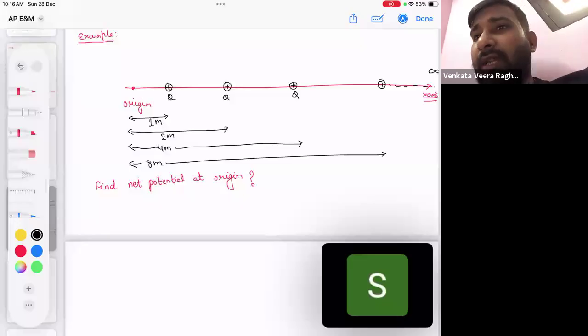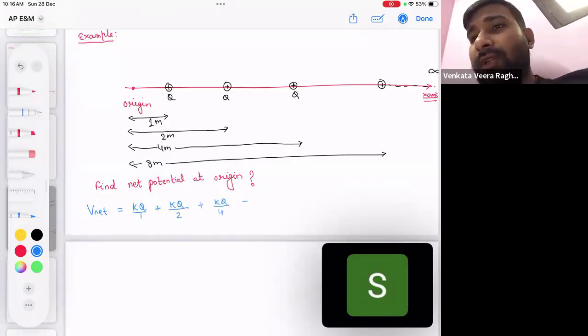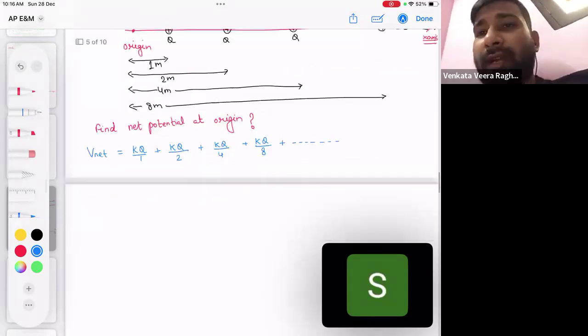If I want to calculate the net potential at the origin, do I have to calculate the potential due to each of the charges? So for the first charge, how much will it come? KQ by 1. For the second charge, KQ by 2. For the third charge, KQ by 4. Fourth charge, KQ by 8. Like that. Please check it.